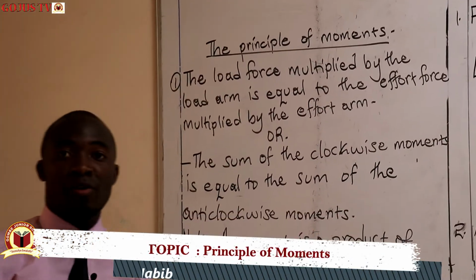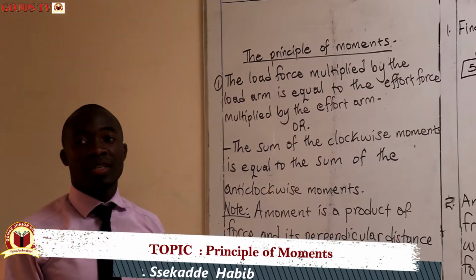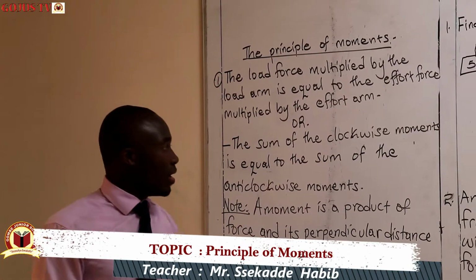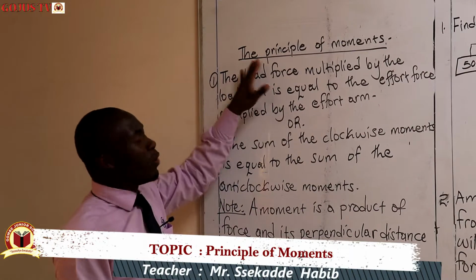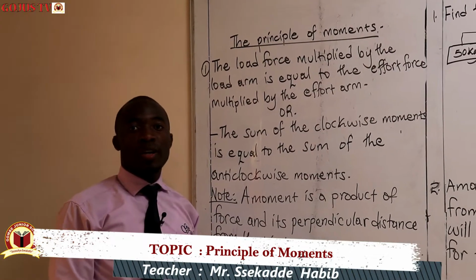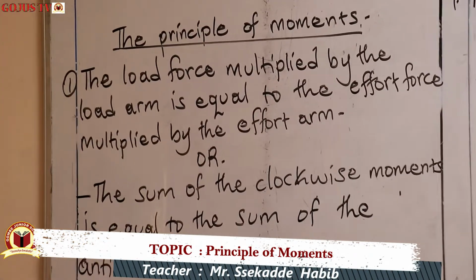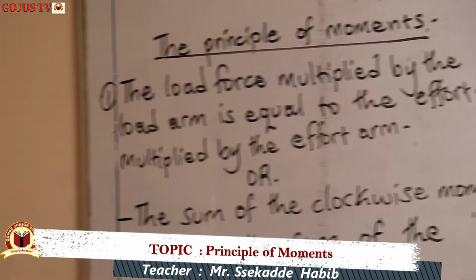So as you're very well aware, we are still looking at levers, and this one applies to the levers. When we say the principle of moments, we are talking about the rule that governs the way levers operate.